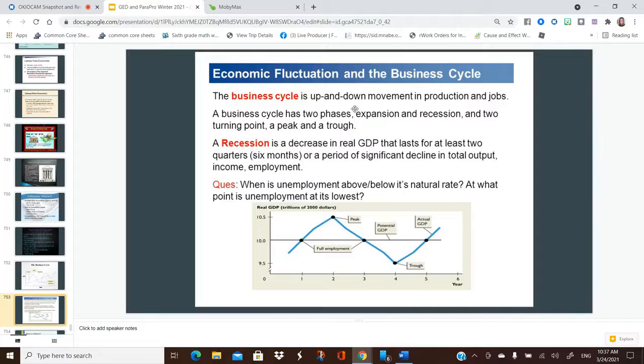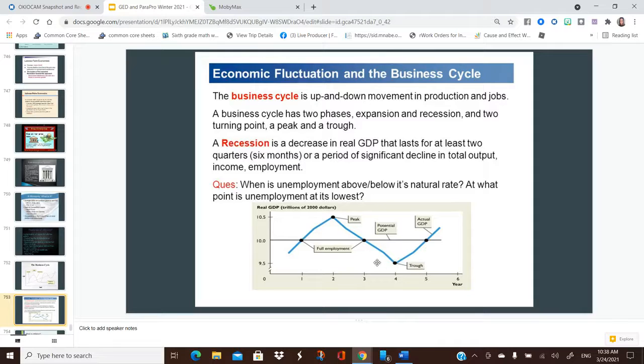It says the business cycle is up and down movement in production and jobs. A business cycle has, they say 2 phases. We talked about 4: expansion and recession, a turning point, a peak, and a trough. So this is getting kind of deep into economics. I think knowing that there's going to be growth, slowdown, recession, and recovery is a little bit easier to think about.